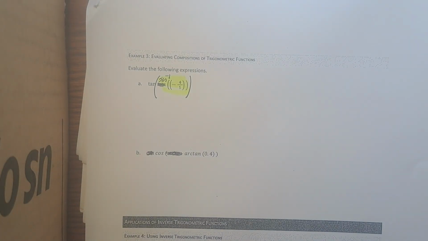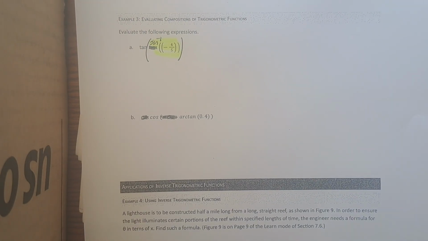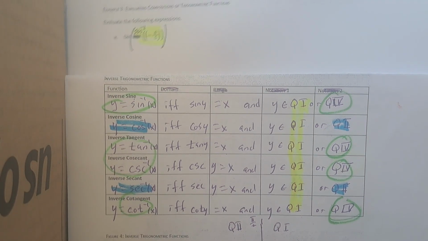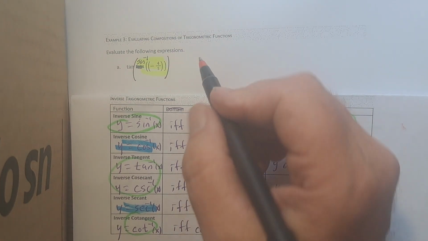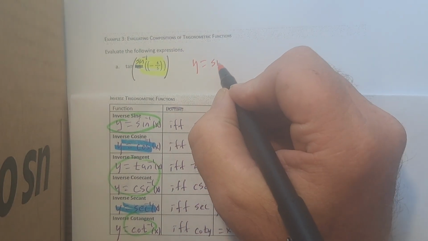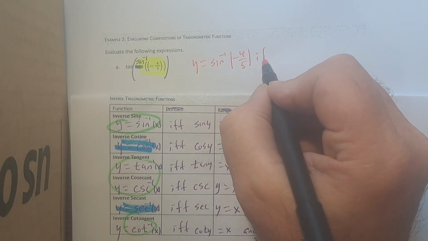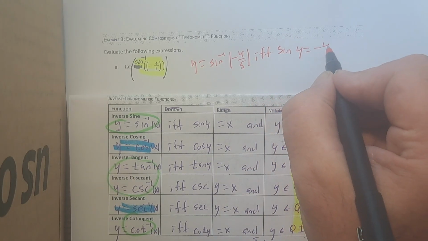Inverse trig function is the inside function. So I go to my definition of my inverse trig functions, and I use the fact that y is the inverse sine of minus 4 over 5 if and only if the sine of y is equal to minus 4 over 5.